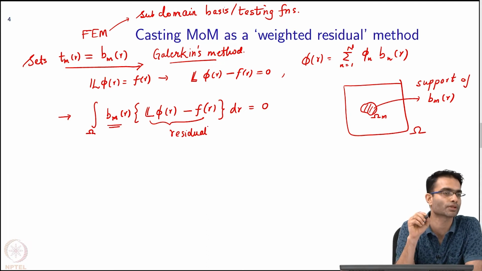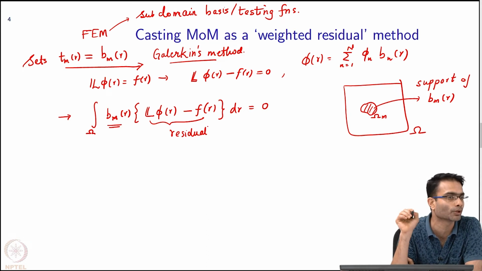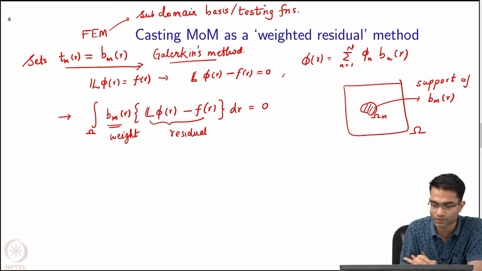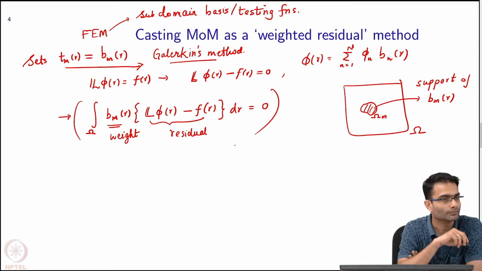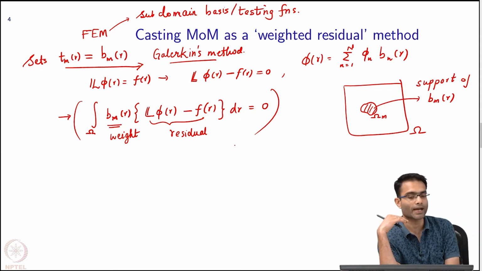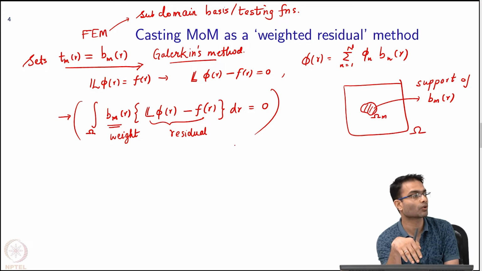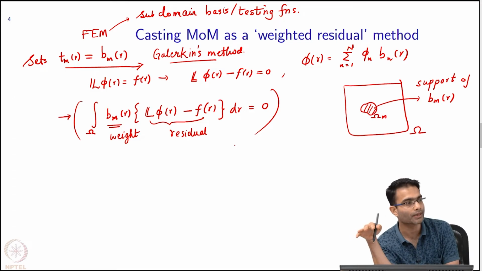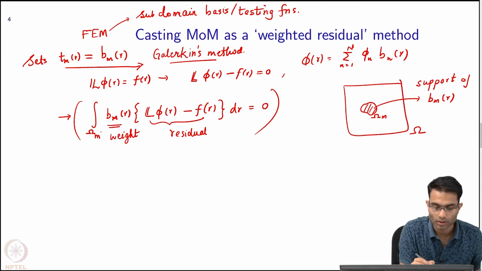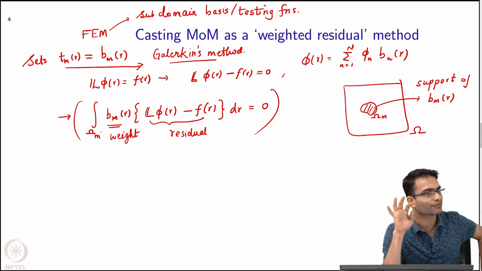If this is non-zero, that means the differential equation is not being fully obeyed, correct? And I can view this as a weight for this overall integral. So, I am not insisting that this residue will be 0 at every point in space, but in an average weighted sense over this domain omega m, enforce it to 0.